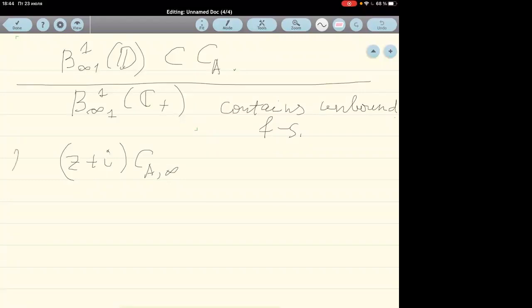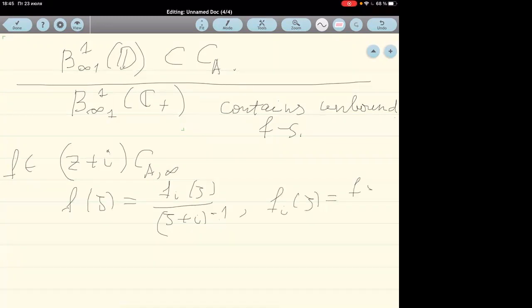So if f belongs to this class, then we can represent f in the following way: f of zeta is equal to f_i of zeta times zeta plus i, where f_i of zeta is f of zeta divided by zeta plus i.